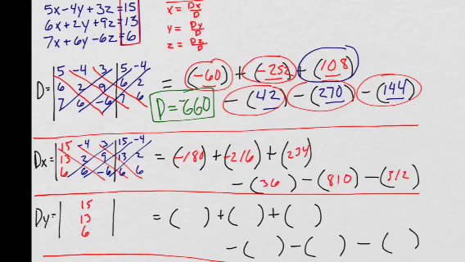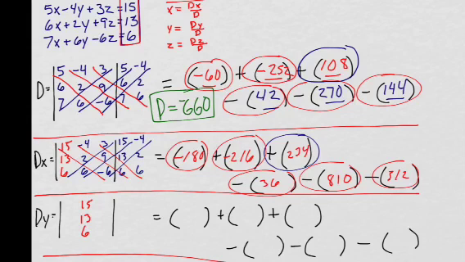When I combine those together, adding the positive ones and then subtracting all the negative ones, or the ones that are being subtracted, which is almost all of them, I end up with dx equals negative 1,320.